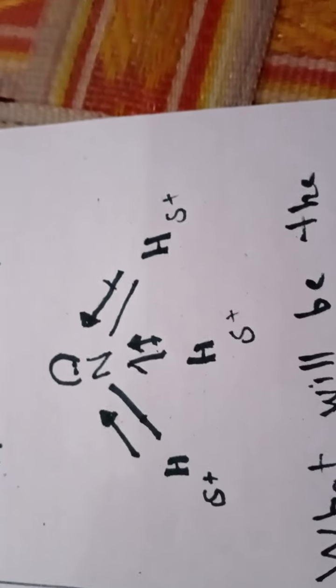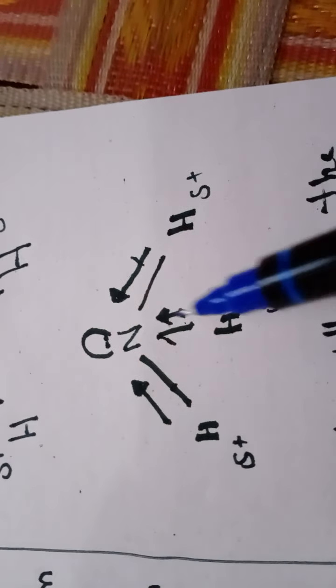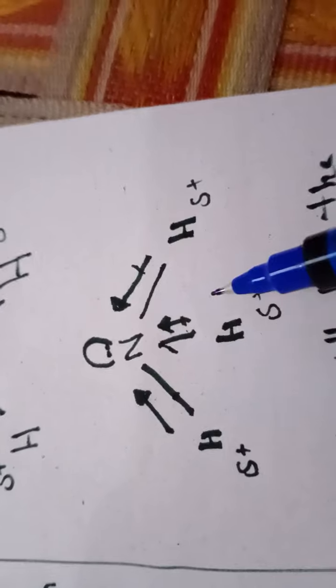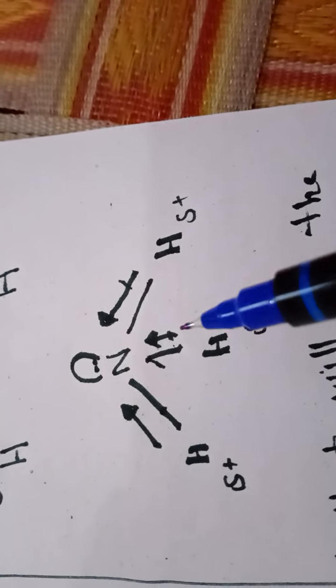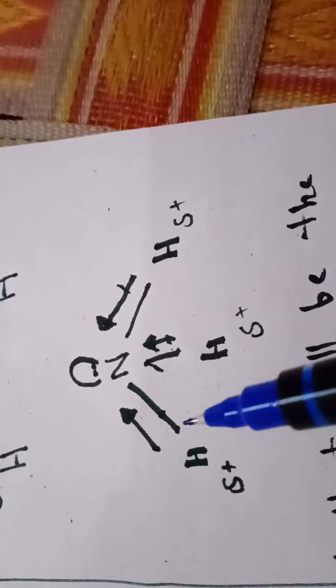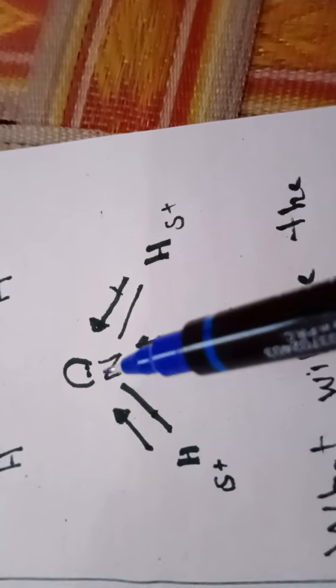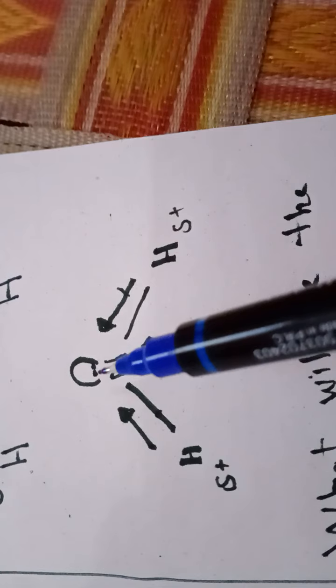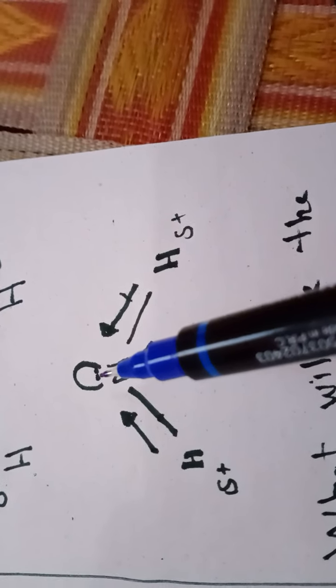Now here again I just want to show you another molecule. This is the molecule of nitrogen and hydrogen, the molecule of ammonia, right? Ammonia contains 3 atoms of hydrogen covalently bonded with nitrogen. As you know, the nitrogen atom contains a lone pair of electrons in its valence shell.